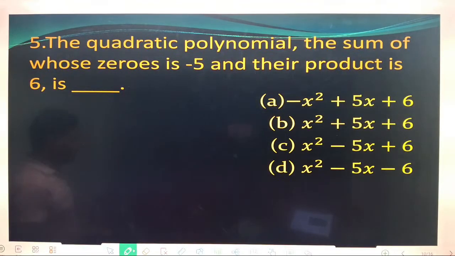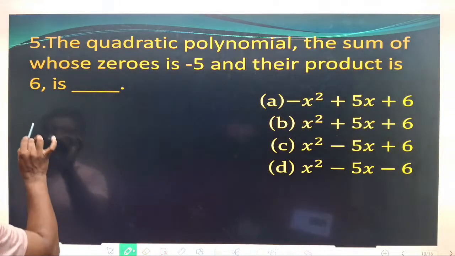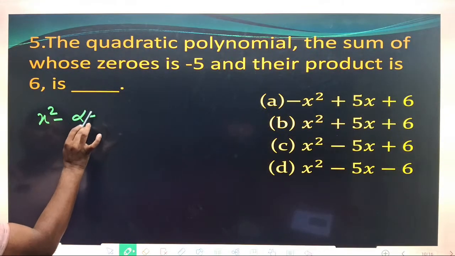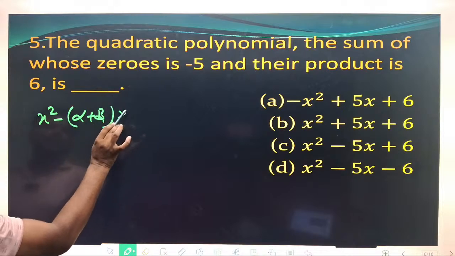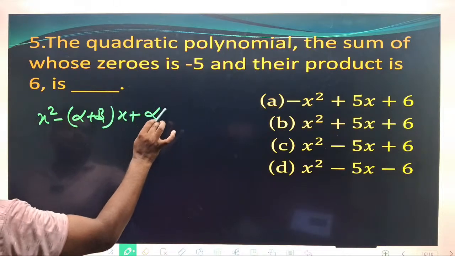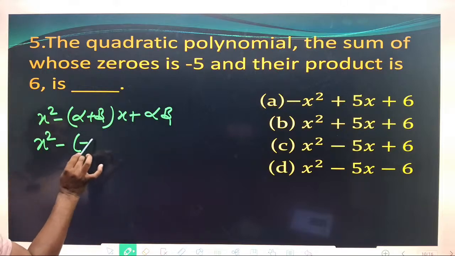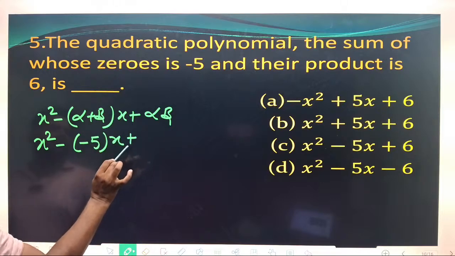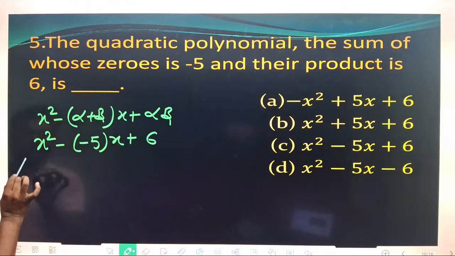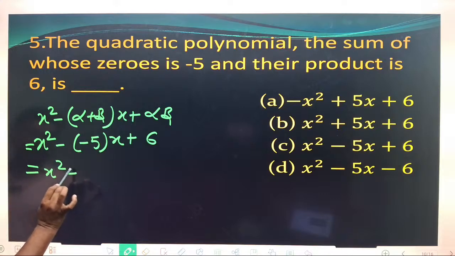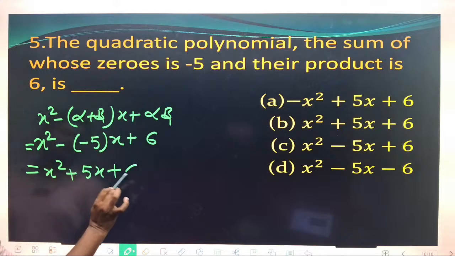Using the formula to find the quadratic polynomial: x square minus sum of zeros multiplied by x plus product of zeros. This is x square minus 5x plus 6, or x square plus 5x plus 6.